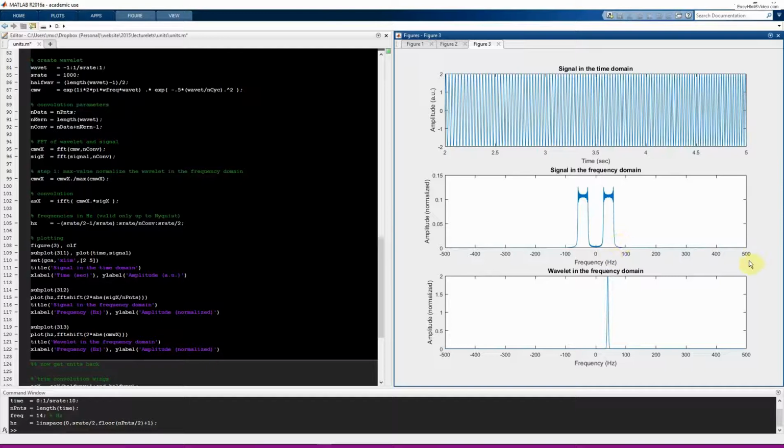So typically we just stop well below the Nyquist frequency. We would typically just show a range like this from 0 to 100. Or we have the negative frequencies all the way on the right, so you would see that this feature here would be all the way over here.